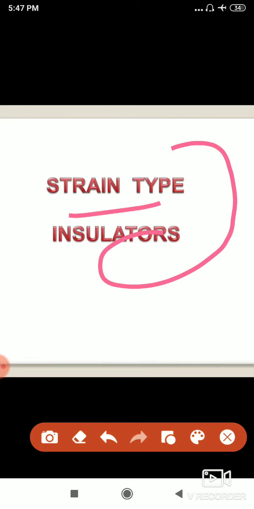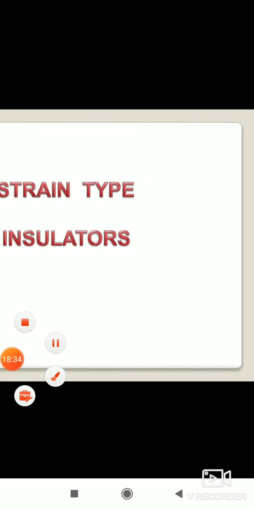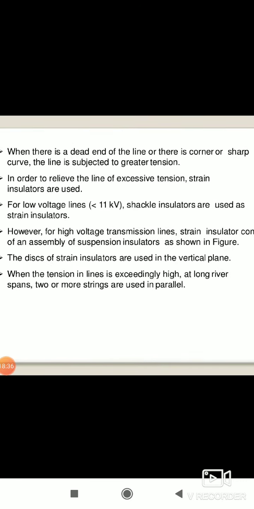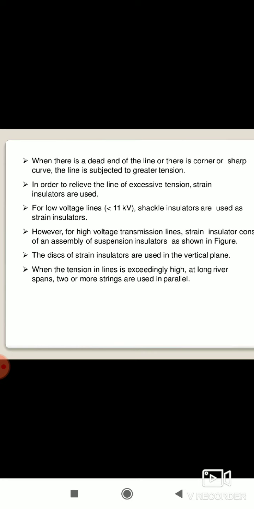If it is used for 11 kV, we can call it a Shackle insulator. When there is a dead end, that means the last end, a river crossing, or a turning position, definitely we will have tension on that line, and that can be avoided with the help of strain type insulators. For a low voltage, less than 11 kV, these insulators we call Shackle insulators.